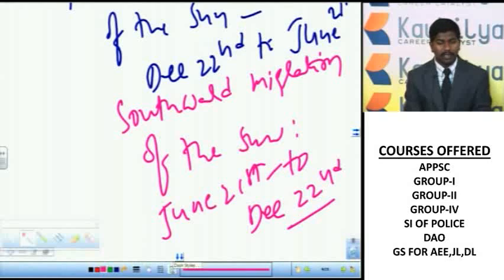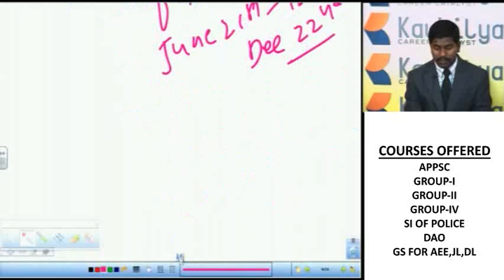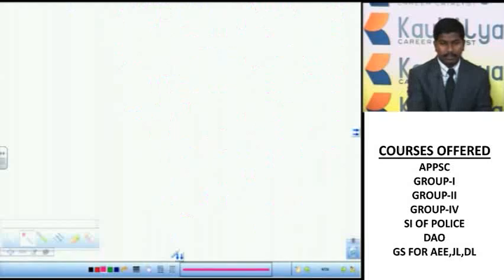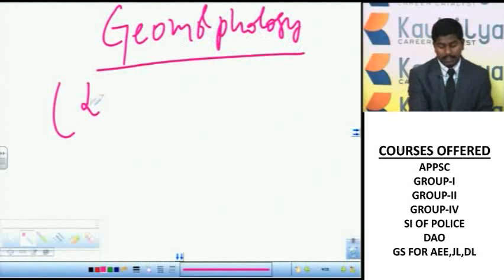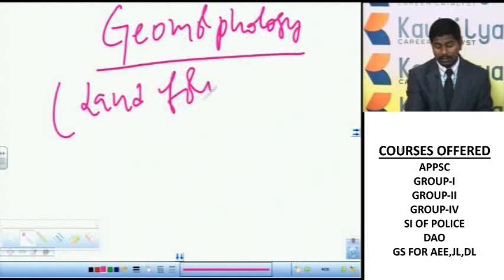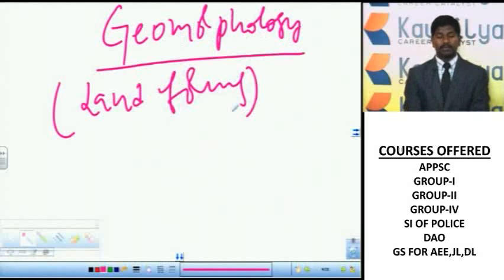Then we are moving to the next most important topic, a new chapter. You can say it is geomorphology, or the study of landforms. Today on this planet Earth, there are different types of landforms.